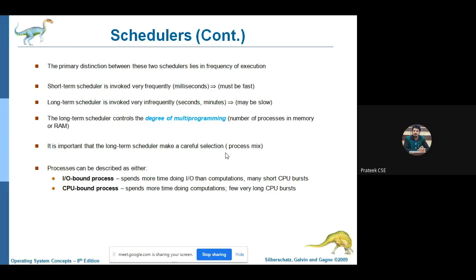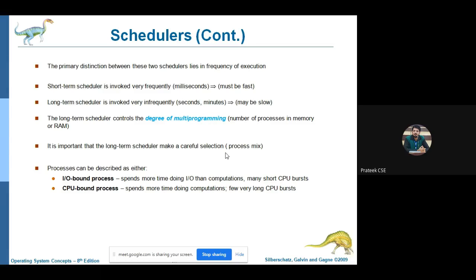So it is the task of the long-term scheduler to choose the processes from the job pool, from the job queue, so that our ready state or ready queue must consist of a mixture of these two categories. अगर सारे ही processes input output bound वाले आ जाएंगे RAM में तो हमारा CPU idle हो जाएगा, और अगर हमारे सारे के सारे processes ही CPU bound वाले आ जाएंगे तो हमारी input output वाली queue empty रह जाएगी.